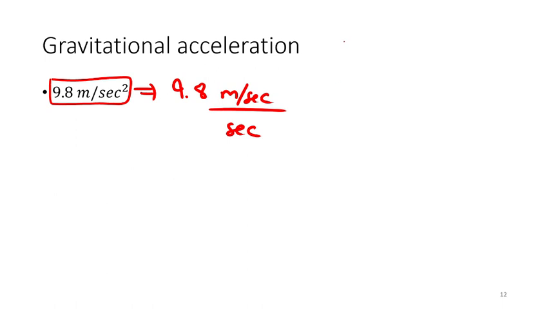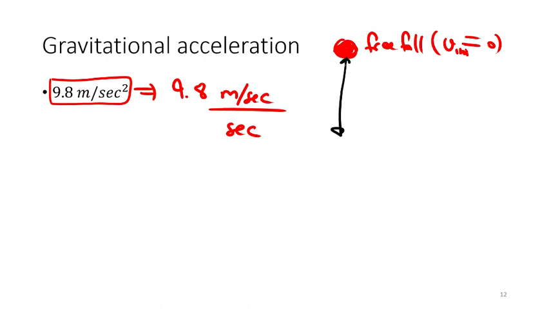So let's give a simple example. Say that I have a particle and it's in free fall, and the initial velocity is 0. When it falls, according to gravitational acceleration, in 1 second its velocity will be 9.8 meters per second.